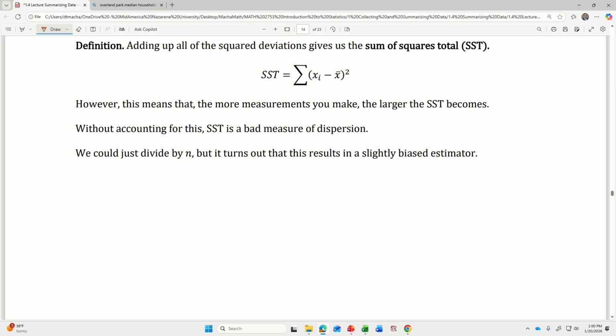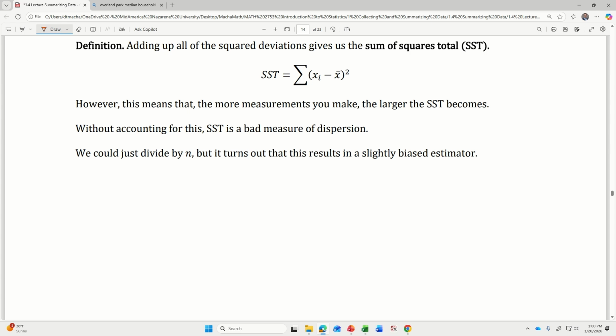And like I said, there's a real motivating reason we're squaring things. For one, whenever you square something, it makes a parabola curve instead of just a straight line like the absolute value would. And so a larger deviation gets punished more, right? You end up adding more to the SST when you have a larger deviation because it's squaring itself, it's growing faster. So this, in a way, punishes outliers more than the absolute values would.